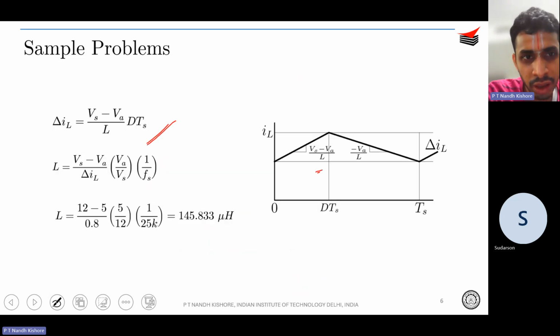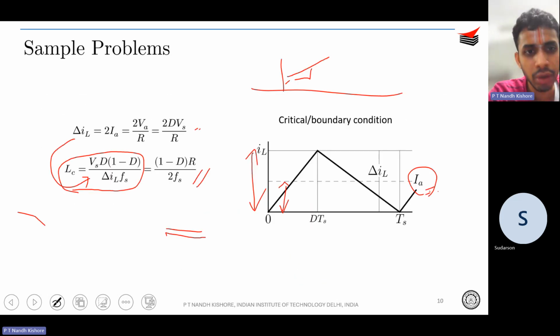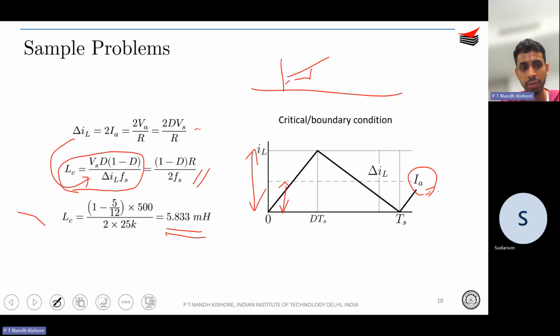In this, you can substitute Va as D times Vs and delta IL as 2 times Ia, as we just saw. You need not remember the value for L every time. Just substitute and you will end up with LC.